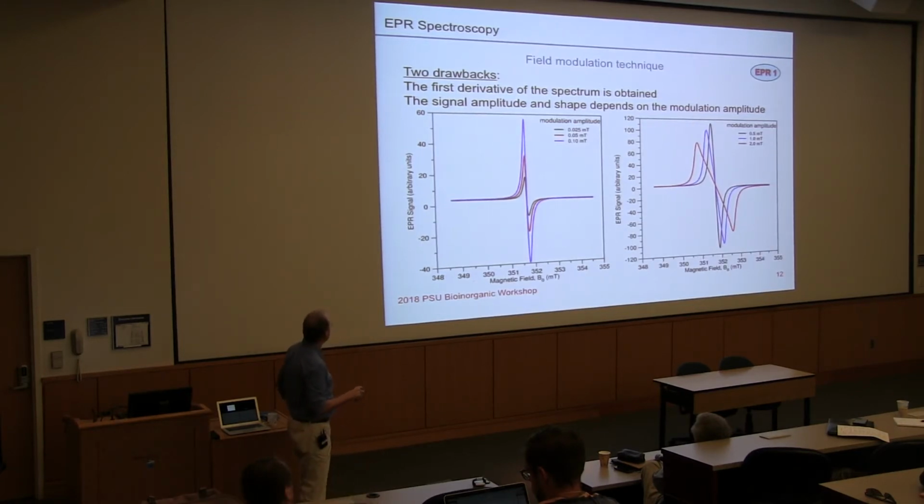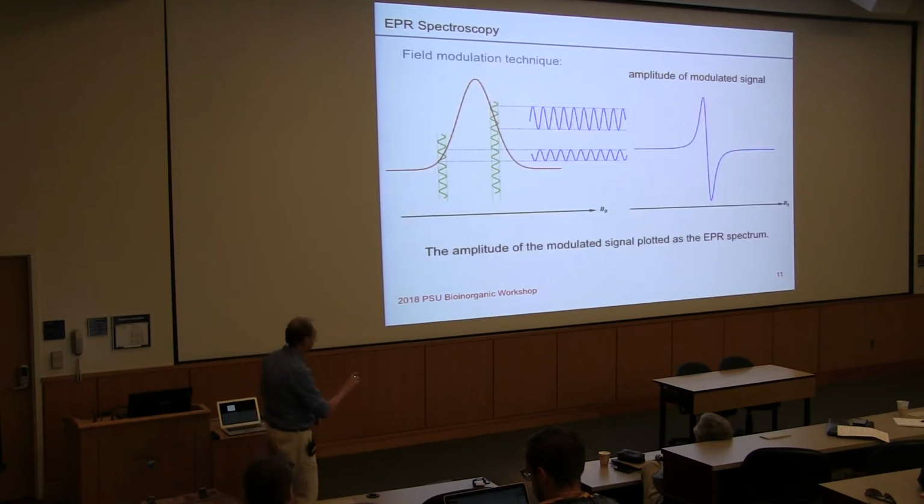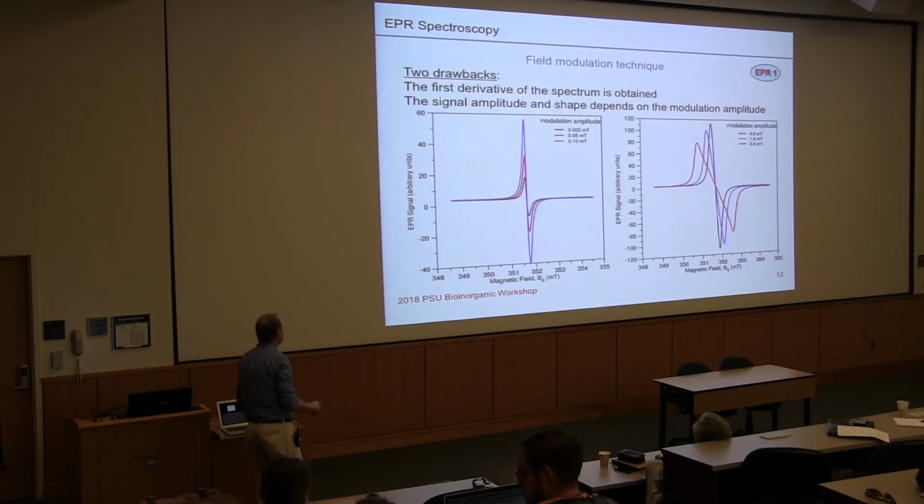But another really important one is that if I change the amplitude of my modulation, so in other words, if I go back to this figure here, if I change the range which the oscillating field covers, then the height of my signal will change, right? If I make that really, really small, then there's not going to be any change in my signal, and so I get a small intensity of my spectrum, right?